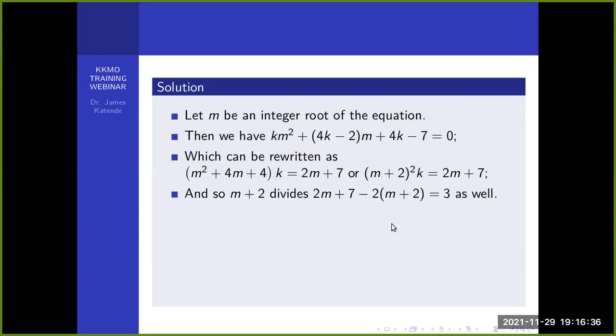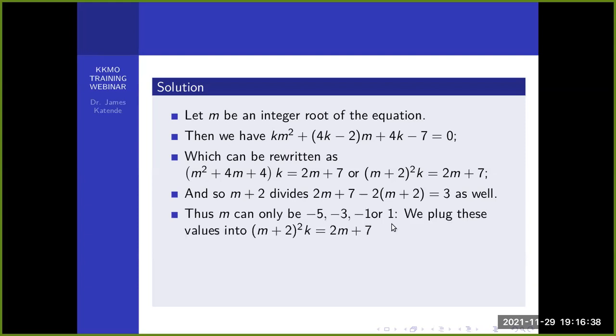So if m plus 2 divides 3, then m plus 2 can either be -1 or 1 or 3 or -3. And in all those cases, if you work out, you'll get all the possible values of m as -5, -3, -1, or 1.